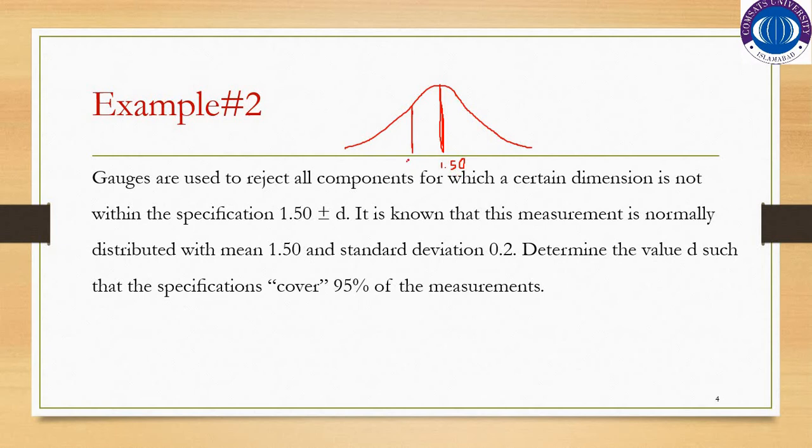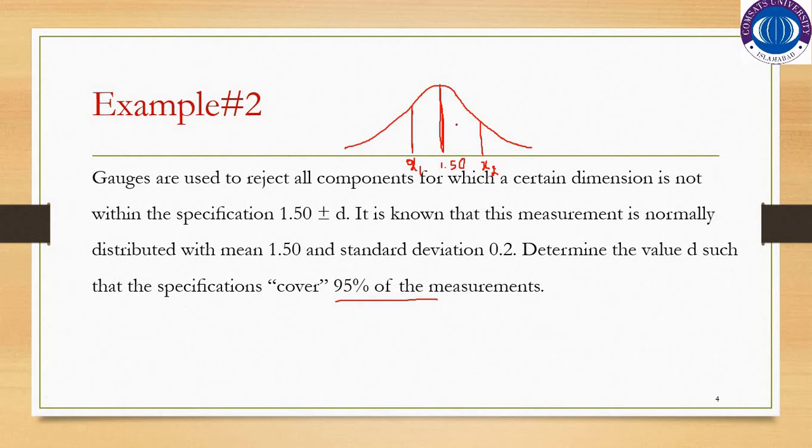Still we are in normal distribution, not in standard normal. If we were in standard normal, then mean should be 0. And if we add something to the mean, it will be here, and let's say this is x2. I'm naming it as x1 and x2. And they are saying that the specifications cover 95% of the measurements.